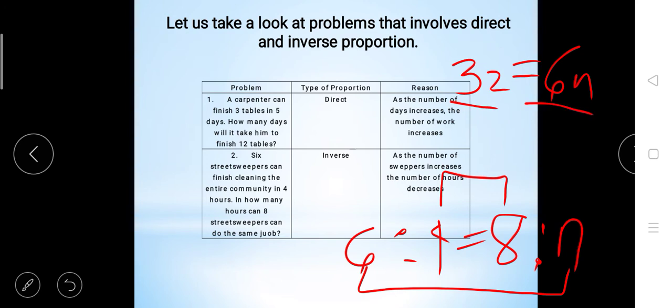So for what number we will divide it? Ano number gagamitin natin? For what number are we going to use to divide 32 and 6n?